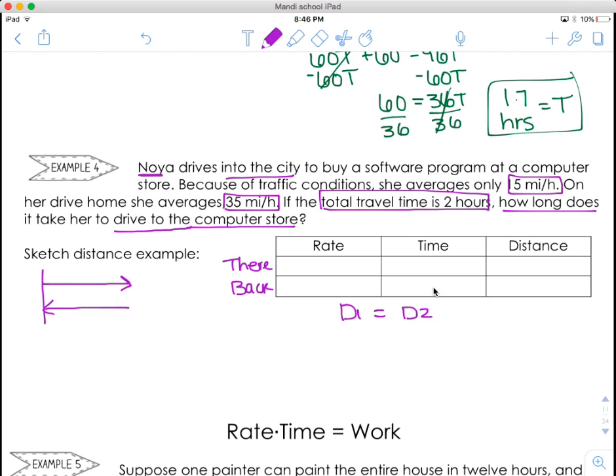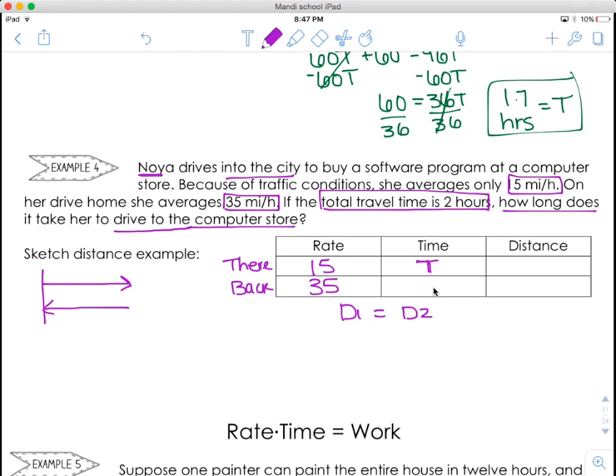Going to the store, she drove 15 miles per hour. On the return trip, she drove 35 miles per hour. The total driving time is 2 hours. We want to know how long it takes her to drive to the computer store. So we want to know the time there. So we're going to make that t. We know that it took 2 hours total.